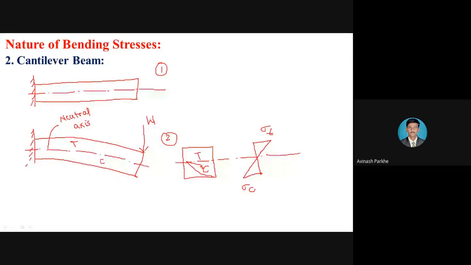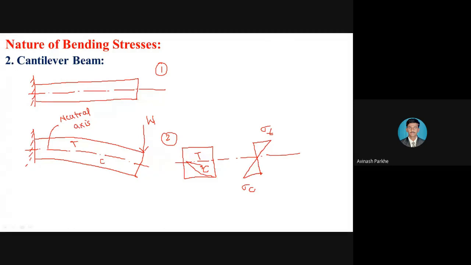If your cantilever beam is subjected to any type of load, that load may be point load, that load may be the UDL, the bending of the beam is taking place in the downward direction. After the bending, that beam is subjected to the two types of stresses. One is tensile, another is compressive. And as we know the nature of the stress for the cantilever, the upper portion of the neutral axis is under tension and lower portion of the neutral axis is under the compression.